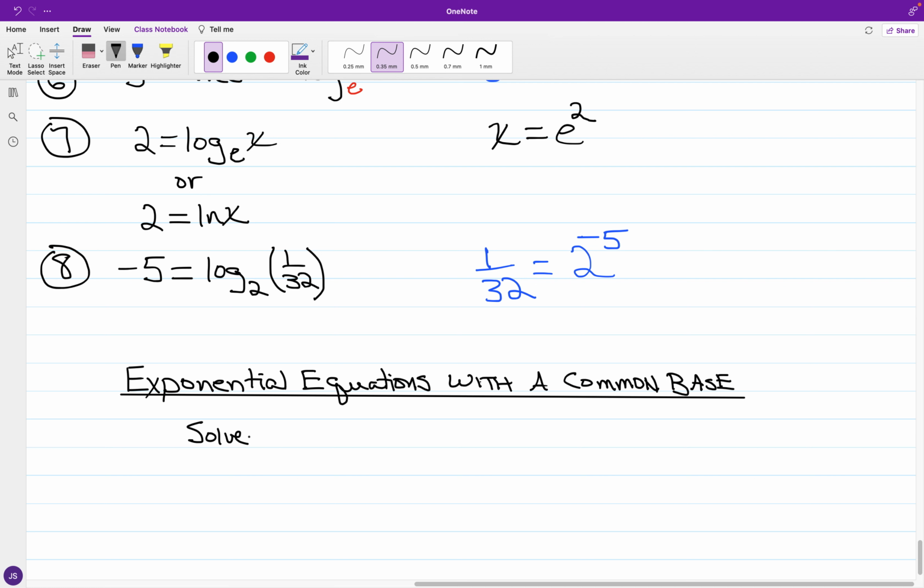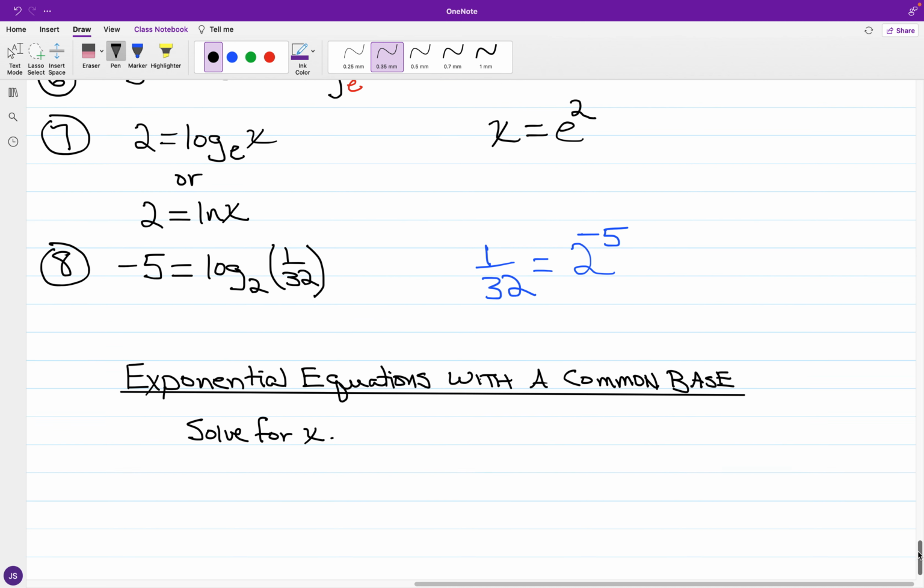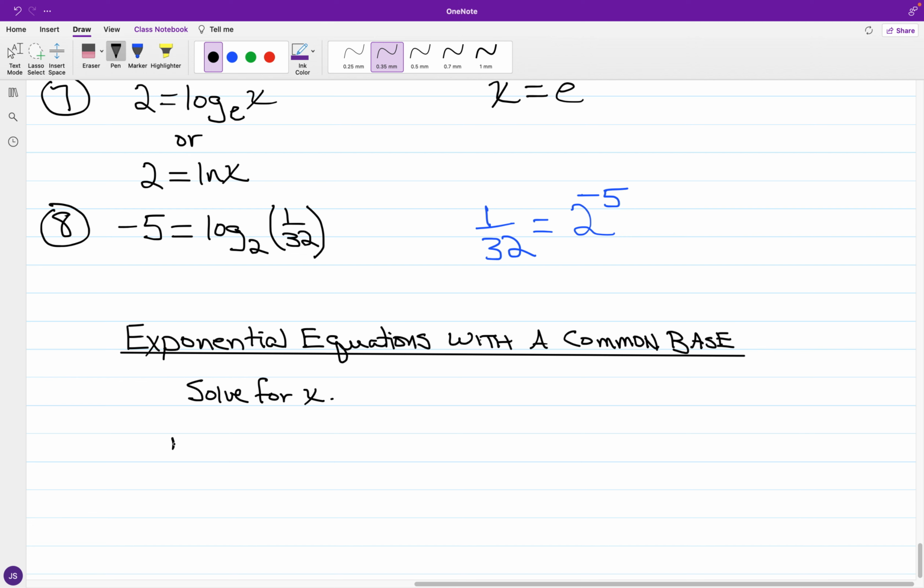Let's say we're solving for x, just to get things started. Let's say we have 2 to the x is equal to 8. Between the exponential bases, we've got 2, which is to the x, and 8, which is implicitly to the first power.